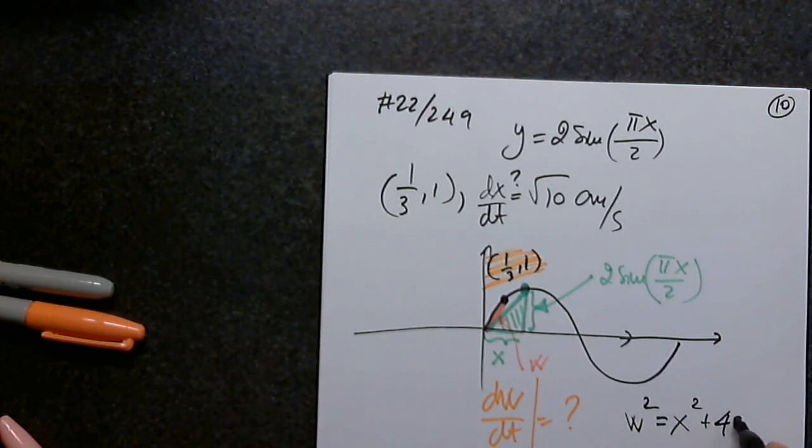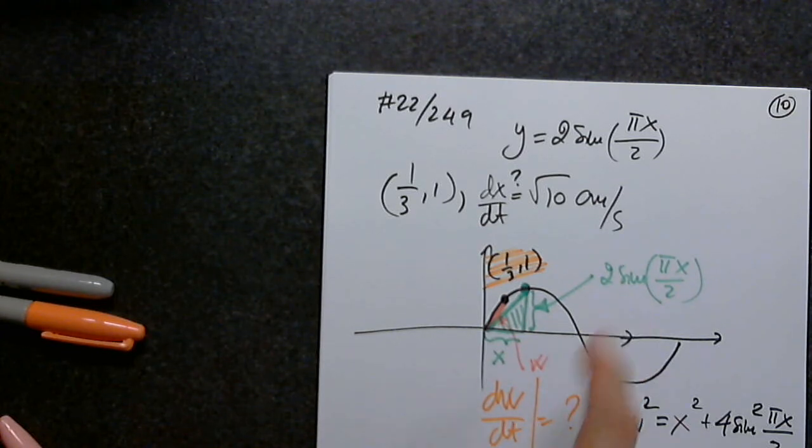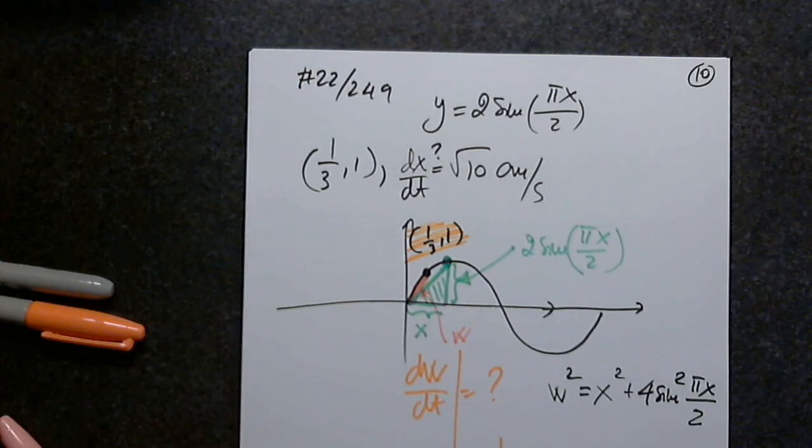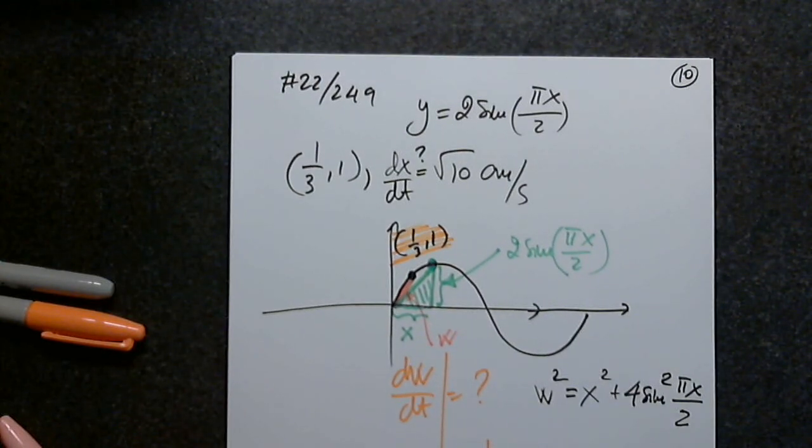Exactly. 4 sine squared pi x over 2. Awesome. Then what? Oh, we have to square. Right? The Pythagorean theorem. Now what?